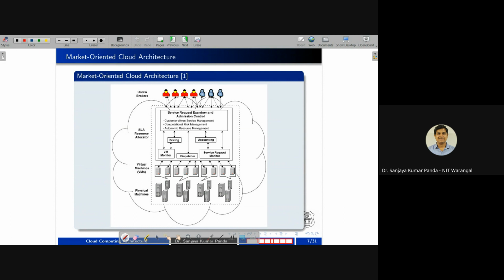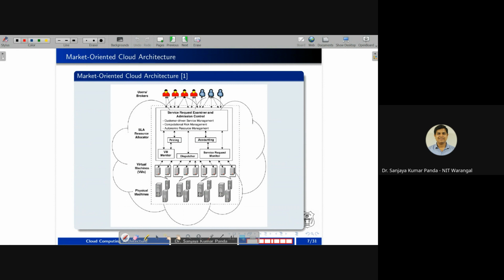In any architecture, whether it is a network architecture, an IoT network-based architecture, or a cloud architecture, the bottom layers are more or less hardware layers, more towards hardware and less towards software. But in the upper layers, you will find more software and less hardware. So in this architecture, you can see there are 4 layers.